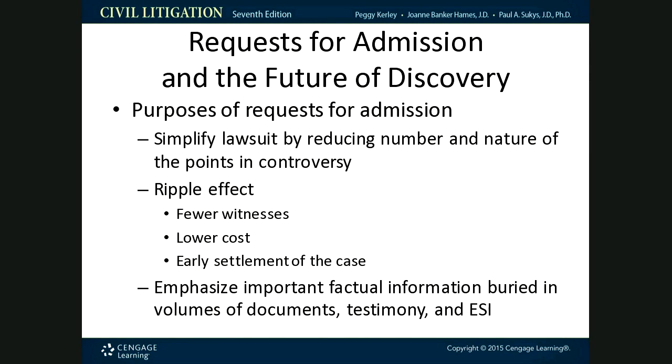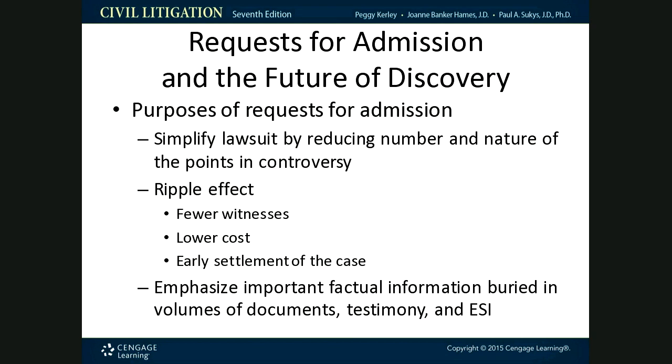The idea behind it is that it's supposed to reduce the number of the points in controversy. But as a matter of course, and after practicing law for 35 years and doing discovery on both sides of the docket, both representing plaintiffs and representing defendants, for the most part, people just simply deny admissions. Whether they could say that you were alive and breathing on the date in question, they'll probably say denied. It's just a matter of course that most people just don't take admissions seriously, and they simply deny those.